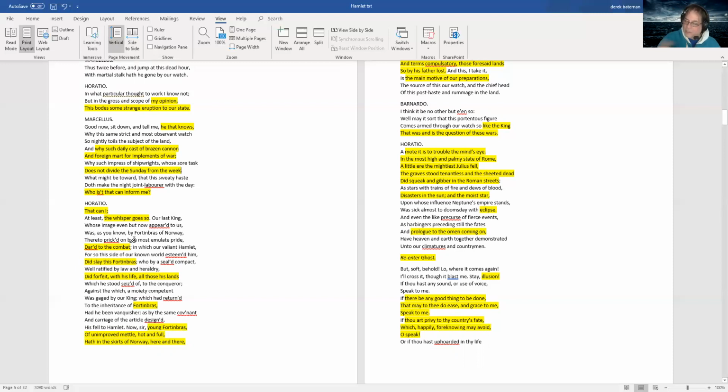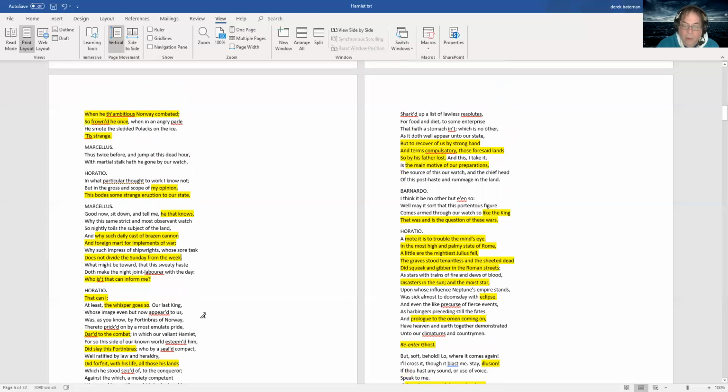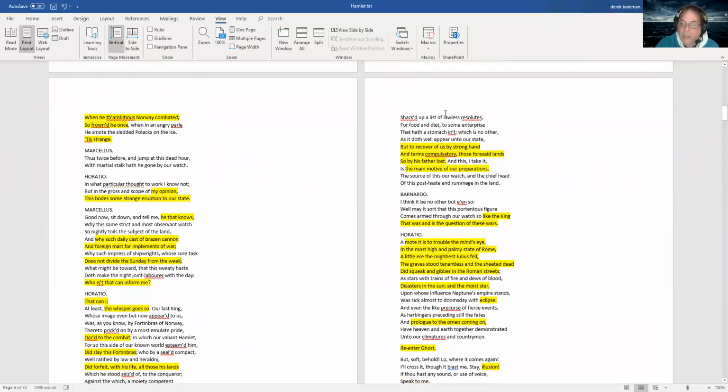The young Fortinbras is the son of the slain king of Norway, who presumably is now king of Norway, because that's usually how these things work. He "hath in the skirts of Norway here and there sharked up a list of lawless resolutes for food and diet to some enterprise that hath a stomach in it."